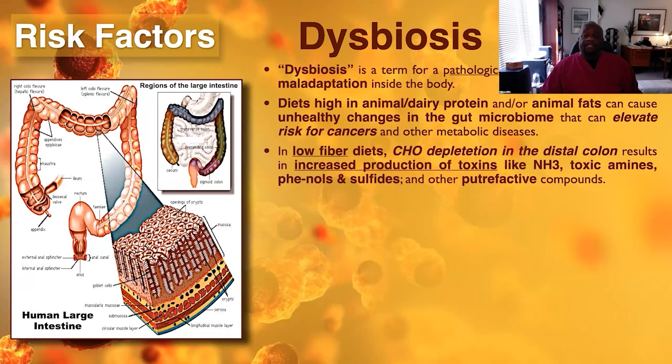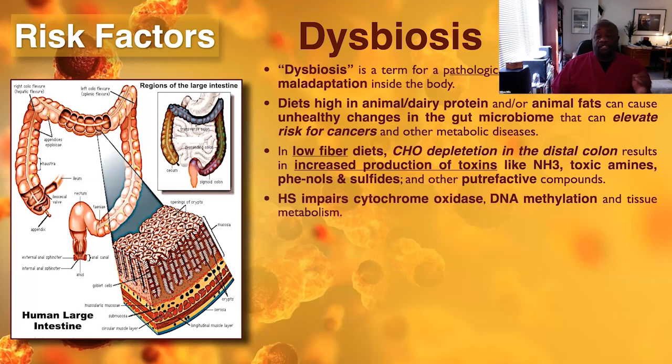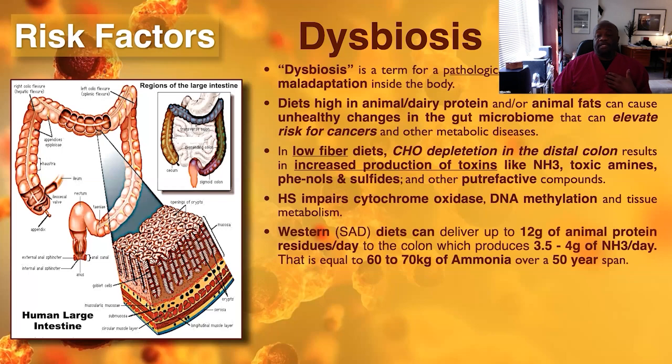And low fiber diets, carbohydrate depletion in the distal colon results in increased production of toxins like ammonia, that's what NH3 is, toxic amines, phenols, and sulfides, and other putrefactive compounds. Hydrogen sulfide, which is produced from this animal protein residue, impairs cytochrome oxidase, DNA methylation, which helps stabilize our DNA, and also interferes with tissue metabolism.